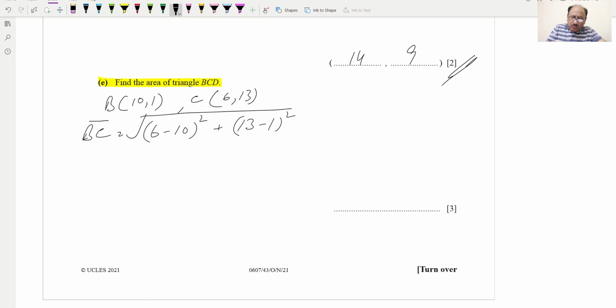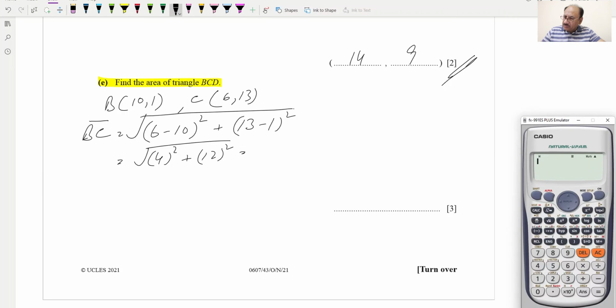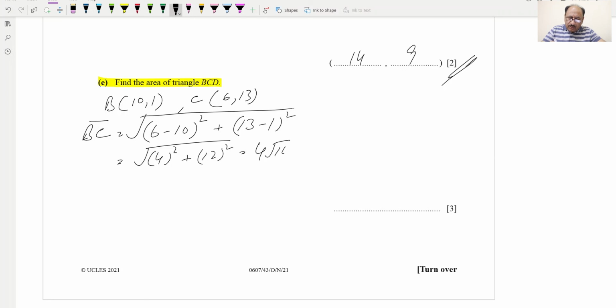So it will be 4 squared plus 12 squared under the root, and we can write this as the square root of 4 squared plus 12 squared, and this is equal to 4 under root 10. So 4 under root 10 will be our BC.